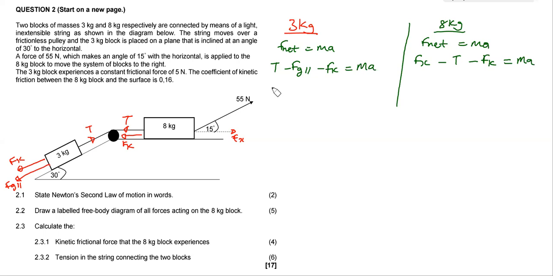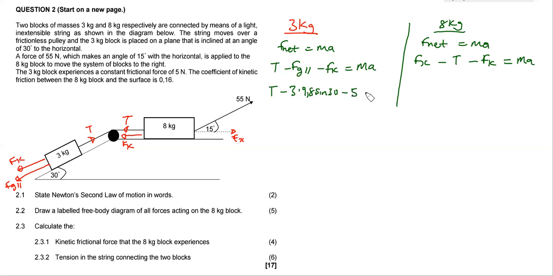So tension minus Fg parallel is going to be equal to mg sine theta. So mg is going to be 3 times 9.8 sine 30, minus, what is our Fk there? Did we give an Fk? Yes, for the 3 kg block Fk is 5.